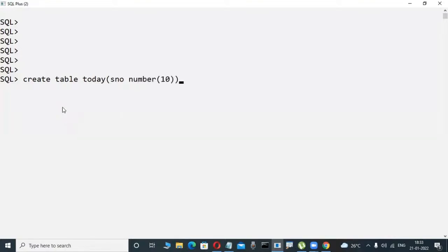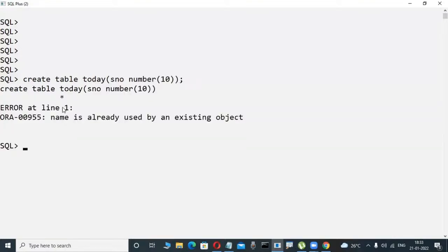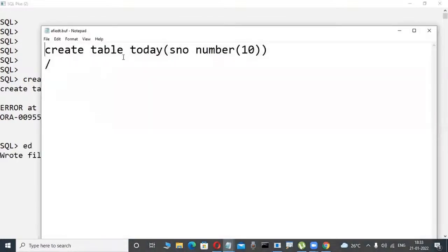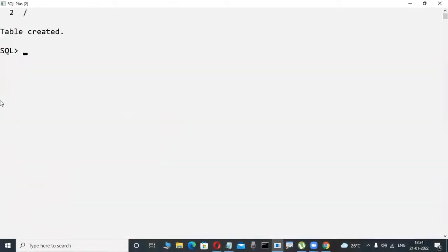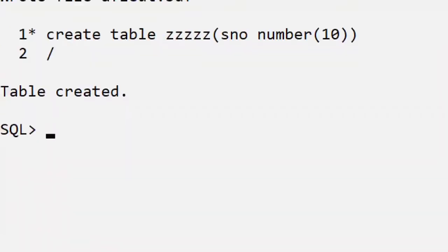Slowly observe it here, concentrate. Suppose Z is a table. Observe it here, Z is a table. For example, I am creating it, and the table is created.